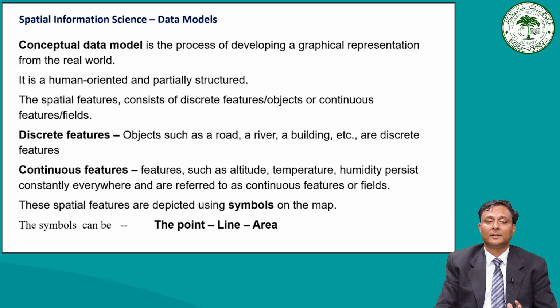These are all examples of a line representation. A set of closed lines, a feature indicated by an area symbol, such as a lake, forest, or administrative borders like Aligarh district, they are representing the area entity.